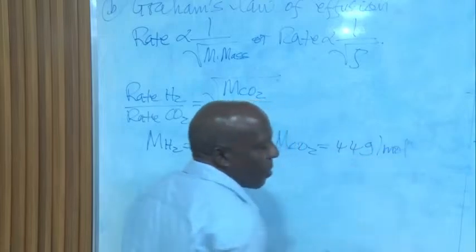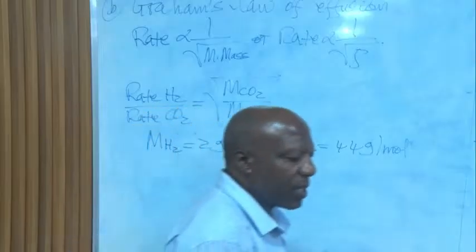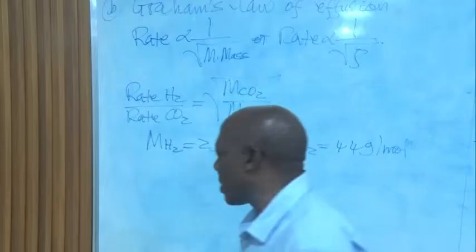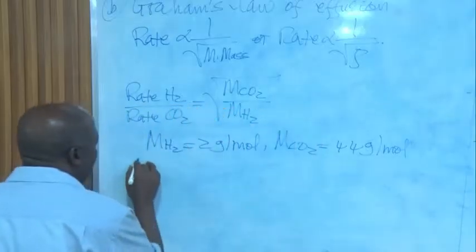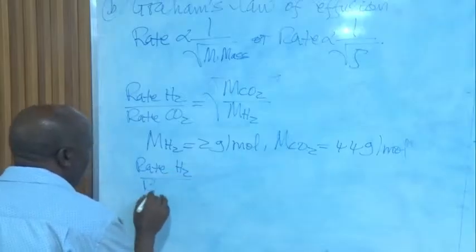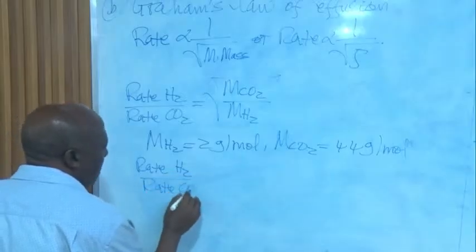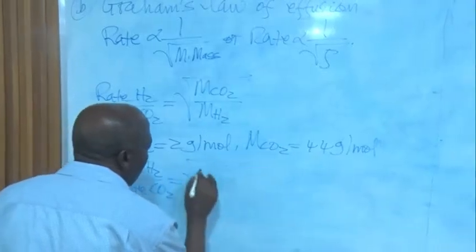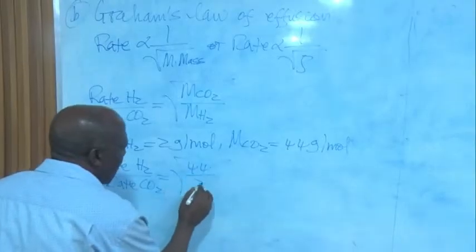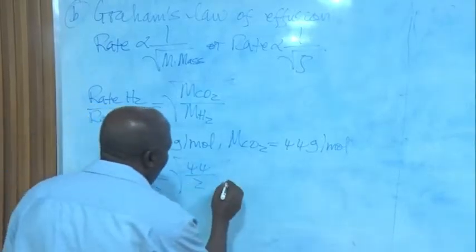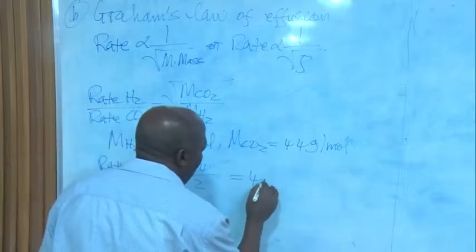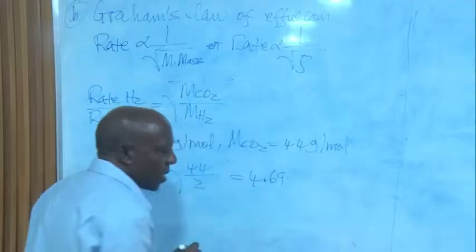So these are the molar masses of the two gases whose rates of effusion are to be compared. We take the rate of effusion of hydrogen gas divided by the rate of effusion of carbon dioxide, which is equal to the square root of 44, the molar mass of carbon dioxide, divided by 2, the molar mass of hydrogen gas. This gives us 4.69.